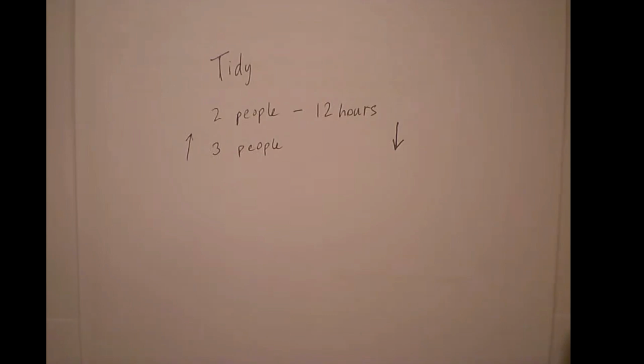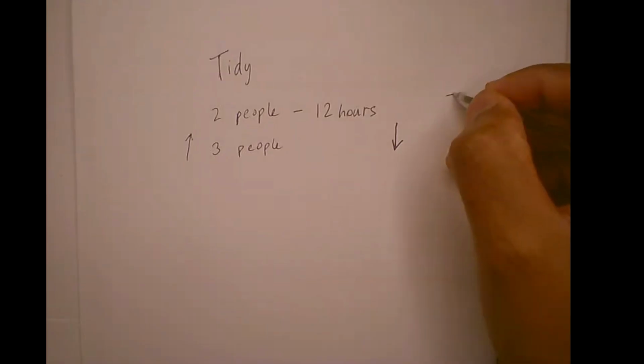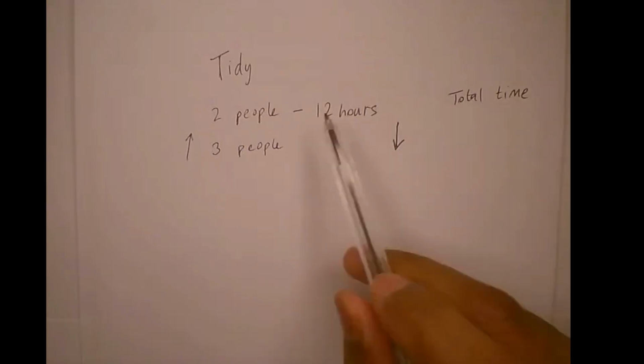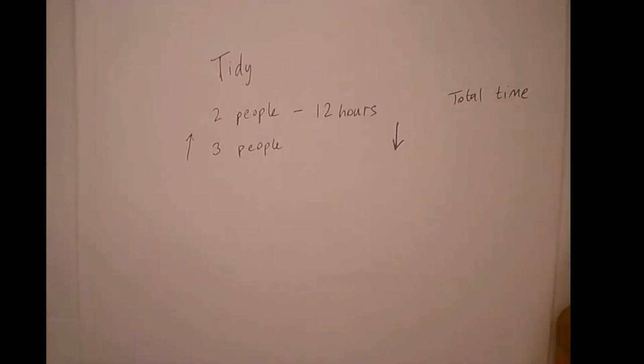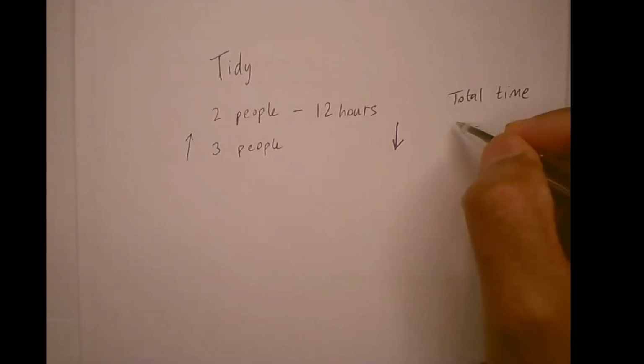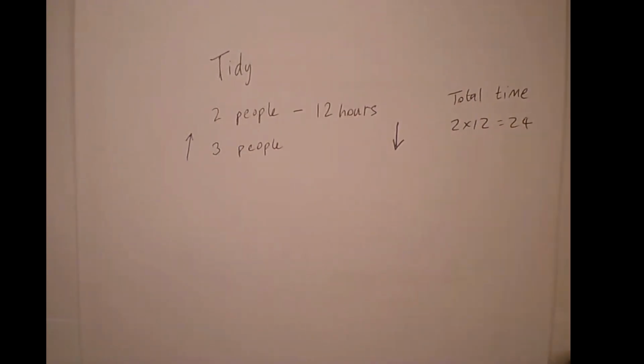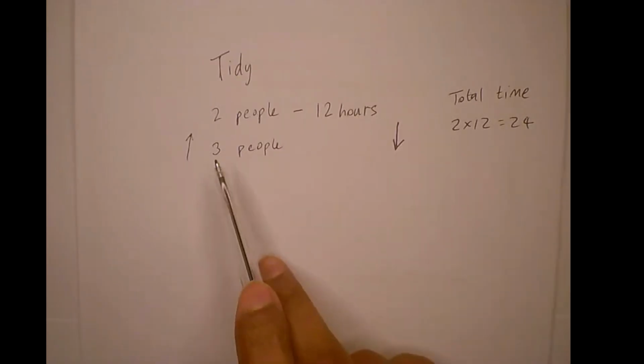So the key thing for this topic is thinking about the total time. With this example of tidying, you've got 2 people taking 12 hours, so you would do 2 times 12, which gives you 24. So the total time is 24. Whenever you get more people, you divide by that.